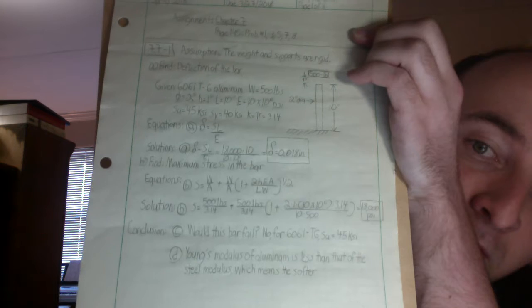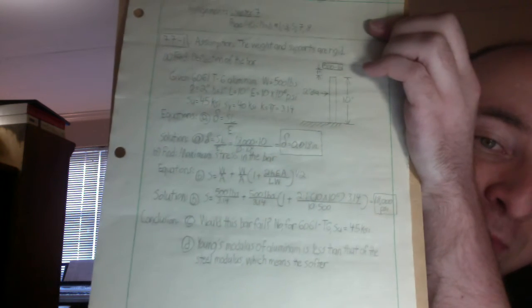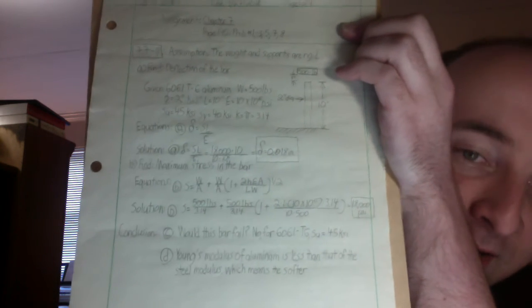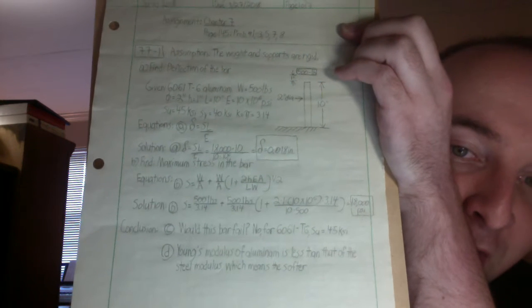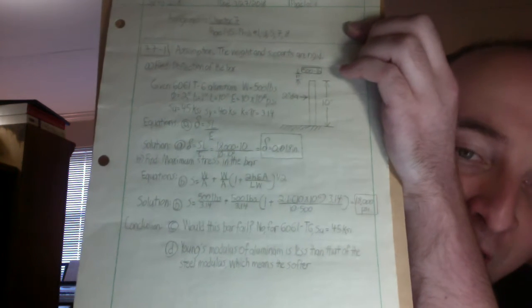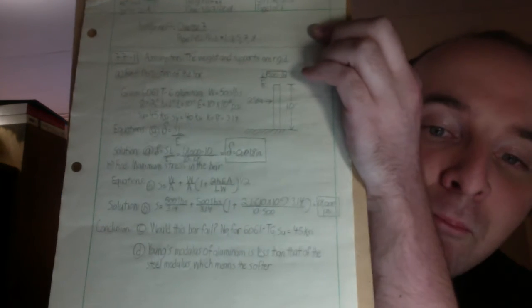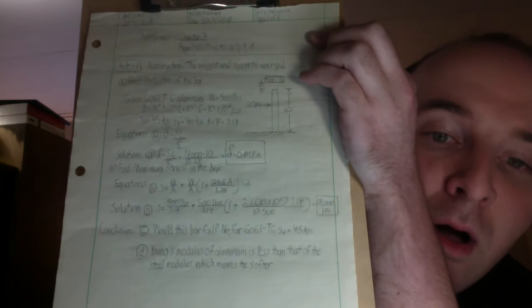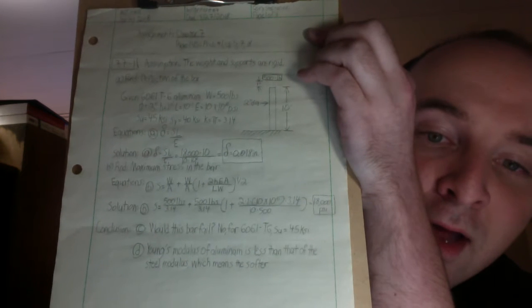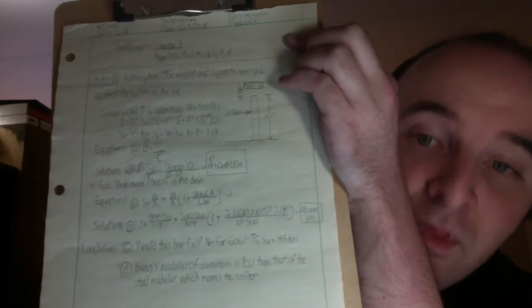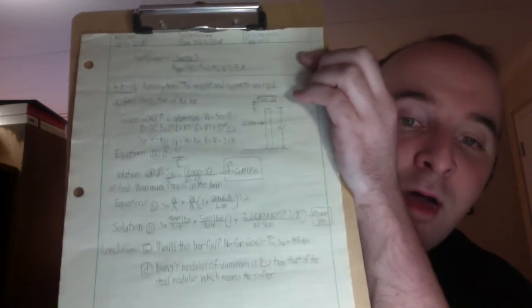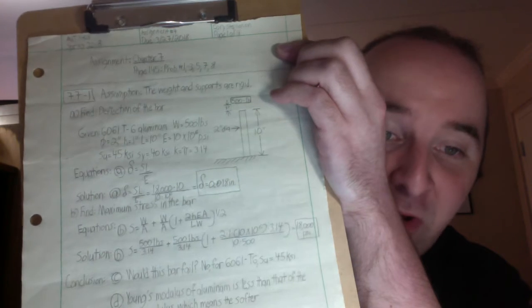And like in this example, it says, would this bar fail? And it says no for 6061 T6, that's a type of steel, I believe. It says the ultimate stress is 45 KSI. That KSI basically indicates thousands of pounds per square inch.